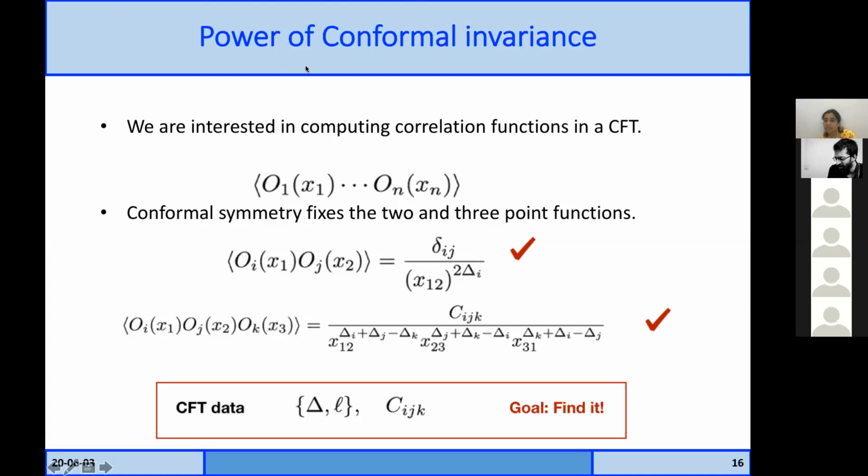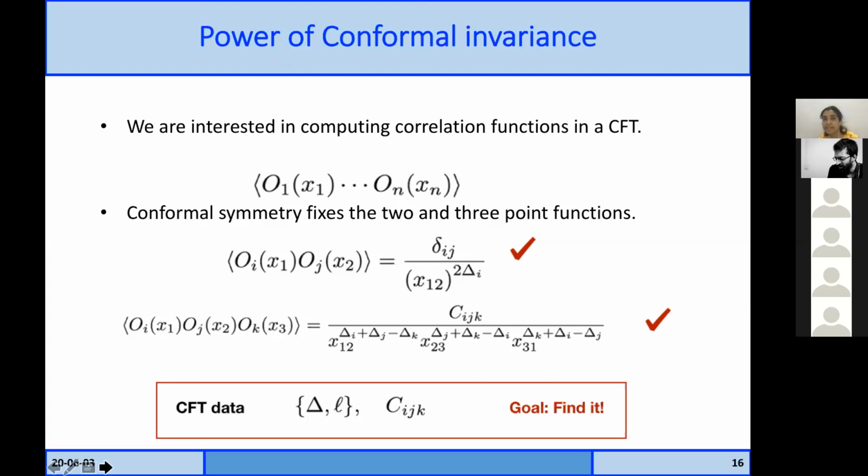Sorry, this is kind of vague, but the input for this dispersion relation technique that you have developed is the CFT data, and what else are you using? You're using crossing.